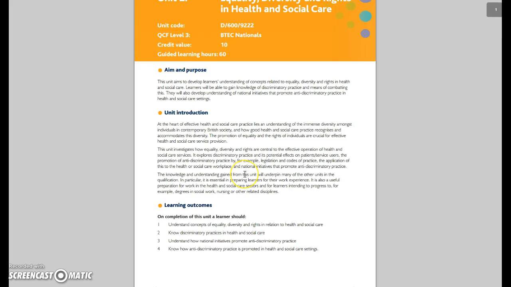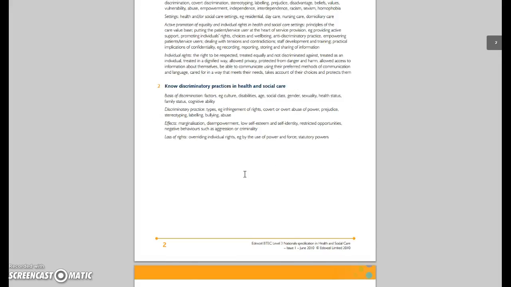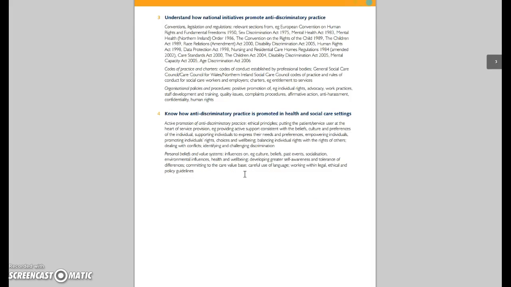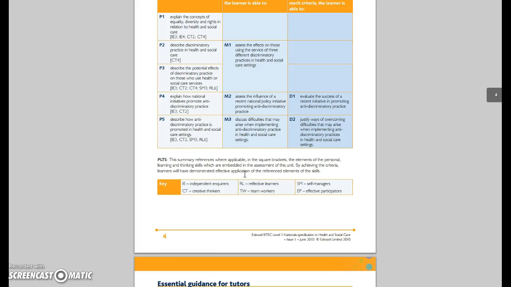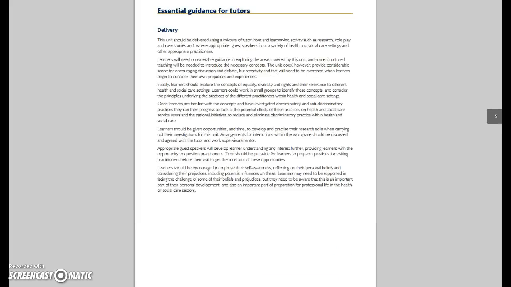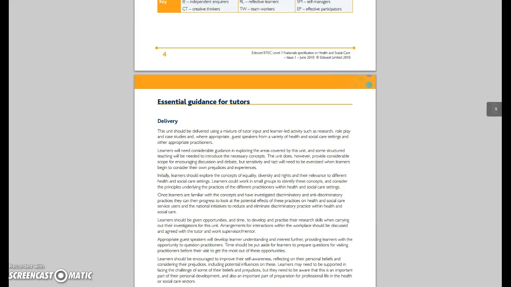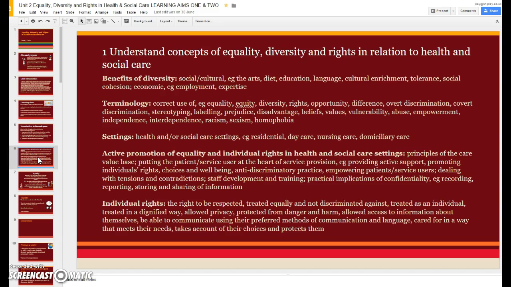So you need to read the first page, the second page, the third page, and have a look at the assessment and grading criteria and just have a little skim through. Once you've done this, come back to our shared PowerPoint on the site.